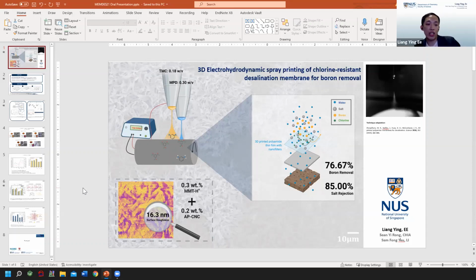Okay, with regards to the tightness of the membrane, we also faced difficulty controlling it initially. So it requires a lot of pre-treatment of the substrate before we are able to get the two monomeric layers to react on the surface itself.